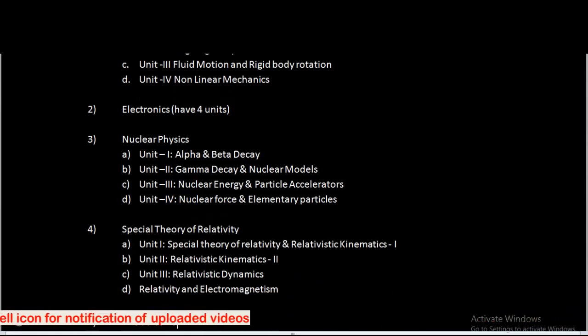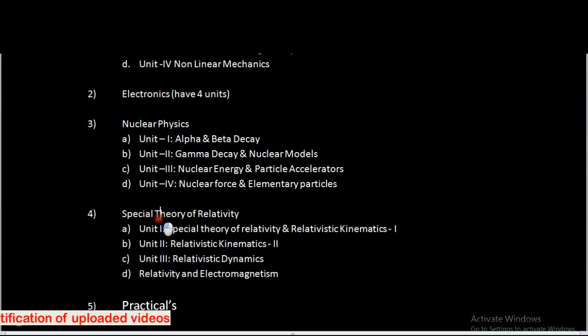Then special theory of relativity, the fourth one. In this fourth paper, in unit 1 you will have special theory of relativity of elastic and relativistic kinetics 1, then relativistic kinetics 2, then relativistic dynamics, then relativity and electromagnetism.